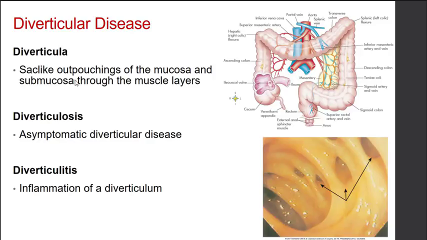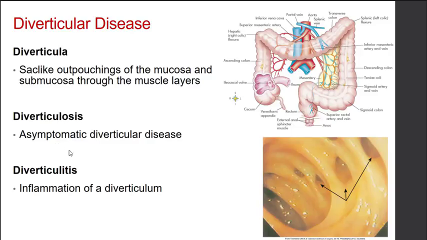And so these can be present all throughout the colon, and their existence in themselves might not be problematic, but those that have these diverticula are diagnosed with diverticulosis, osis referring to condition, which is a condition that is asymptomatic. So they possess these diverticula, but they don't have any symptoms of it.